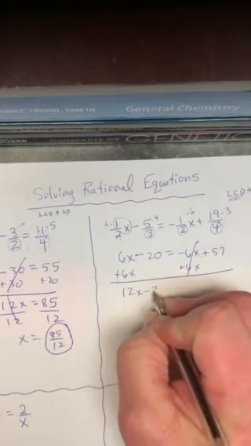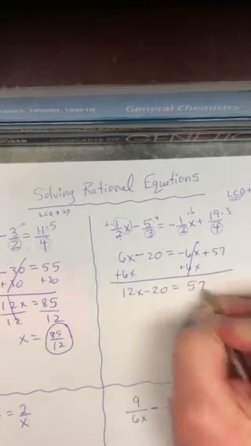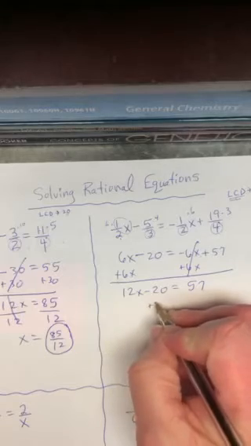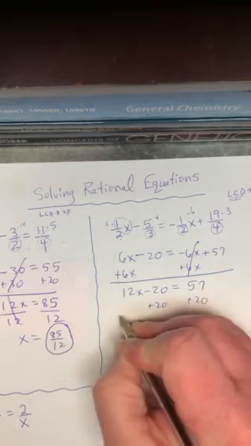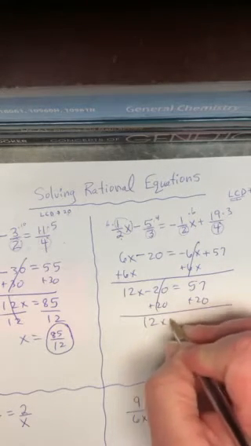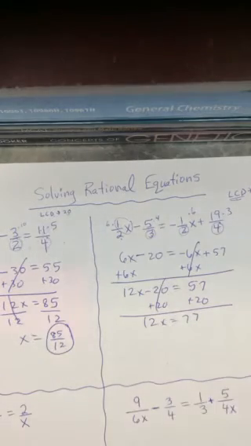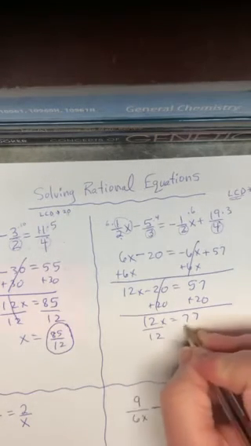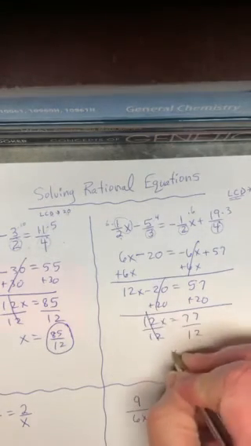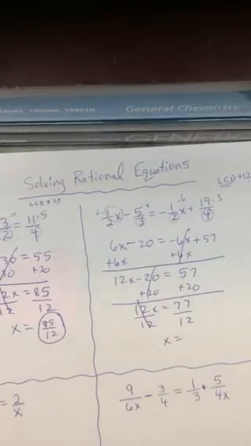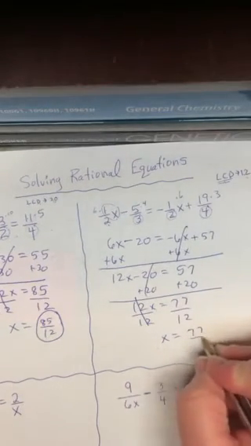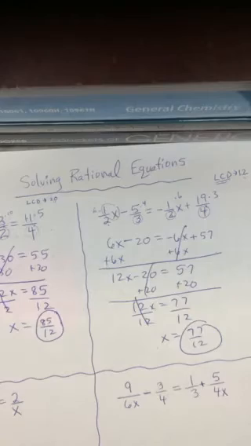I've got 12x minus 20 equals 57. Add over the 20. I've got 12x equals 77. Divide by 12. And once again, weird answers, a fractional value of 77 twelfths. Okay?